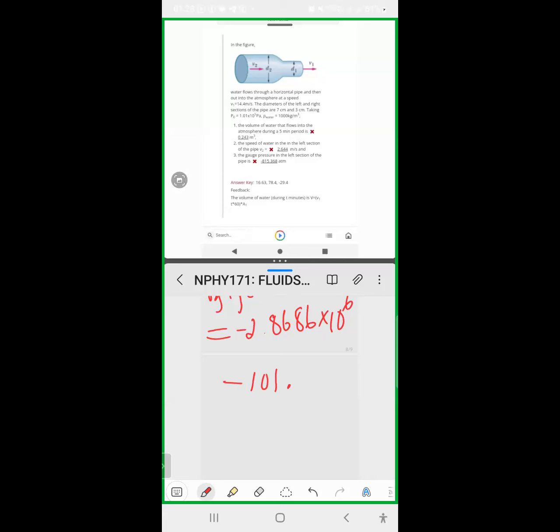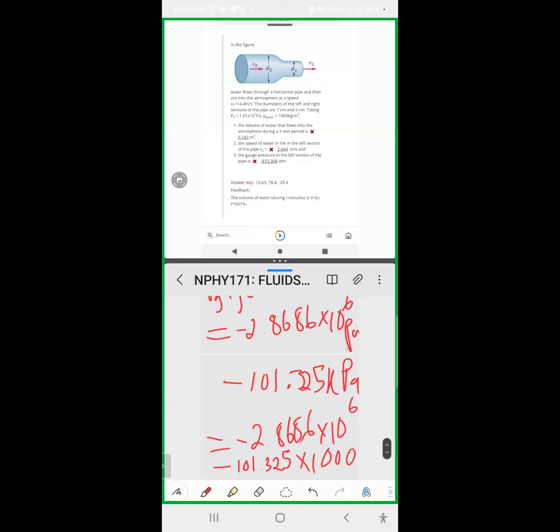Yes, that value is 101.325 kilopascals. And remember, this is in pascals. Therefore, we're going to convert these kilopascals to pascals. So we have minus 2.8686 times 10 to the power 6 minus 101.325 multiplied by 1000, which converts it to pascals.